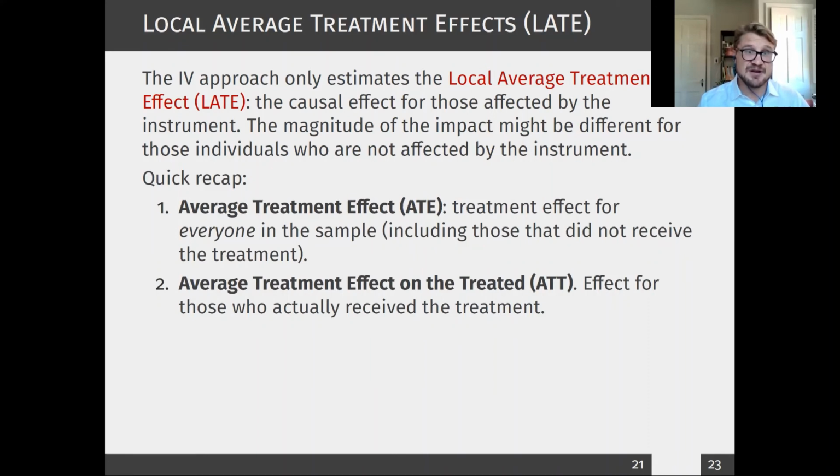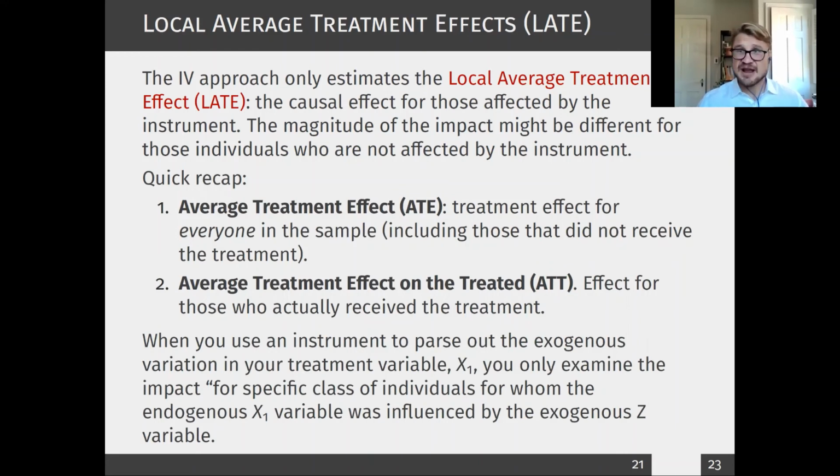As you remember, there's a distinction between the average treatment effect, which is the treatment effect on everybody in the sample, and the average treatment effect on the treated, which is the treatment effect on those who actually received the treatment. We're already happy if we can estimate the average treatment effect on the treated.